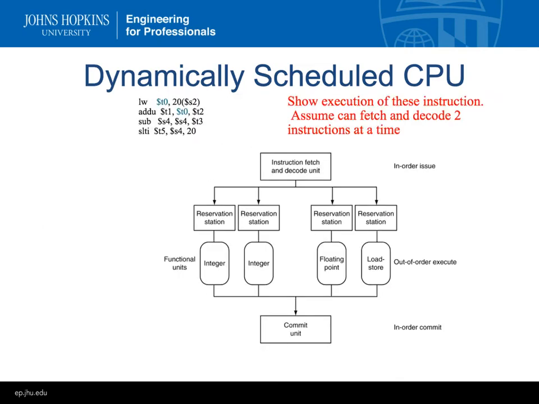So here's our example. And in our example, we're going to assume we can fetch and decode 2 instructions at a time. So it's going to take 2 cycles: in cycle 1 you would fetch, second cycle you would decode and send to a reservation station. So I'm just going to try to draw this out with some understanding of how it works. So in cycle 1 we're going to fetch load word and addu.